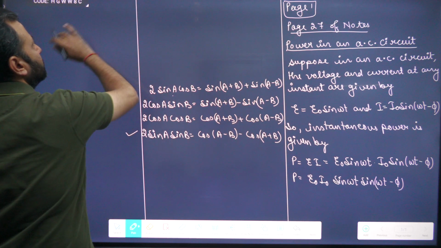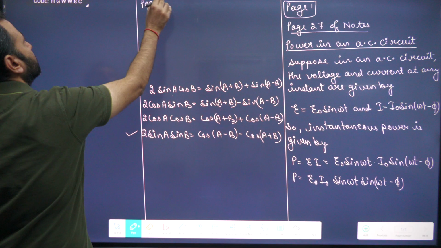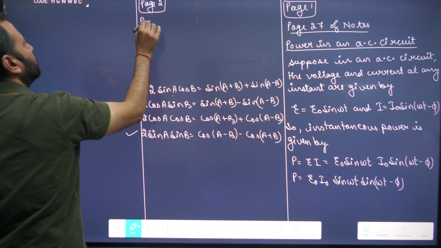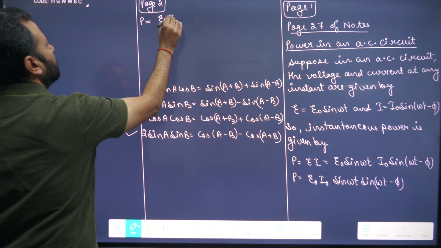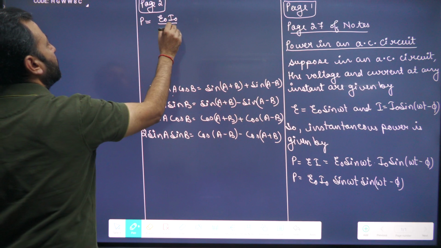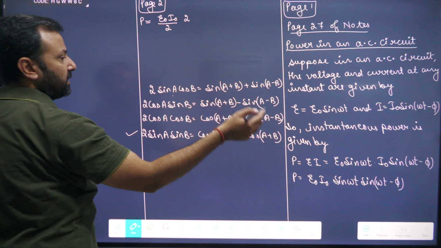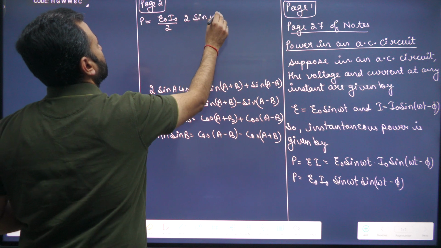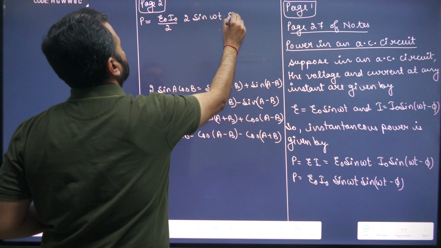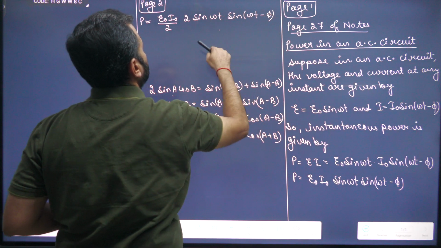P is equal to E naught I naught upon 2, into 2 sin omega t into sin omega t minus phi.